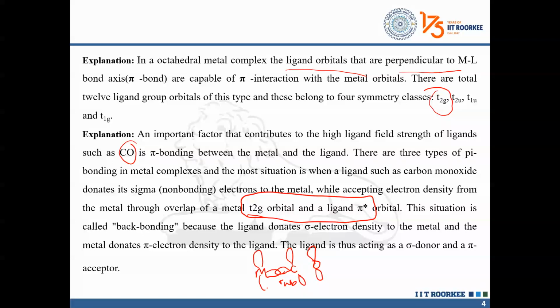If this metal has high electron density, basically in a low oxidation state, these electrons can partially overlap with this one. This is called back bonding. That's why the tendency of transfer of these electrons from the metal to the ligand is more. So that's why it is a sigma donor pi acceptor ligand.